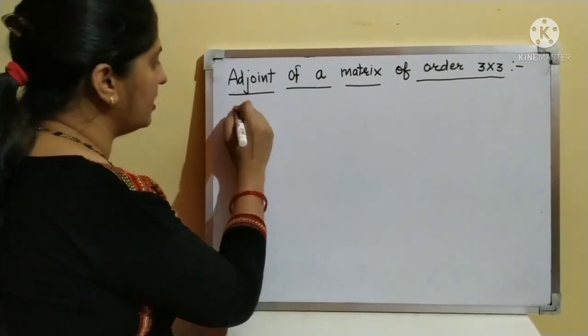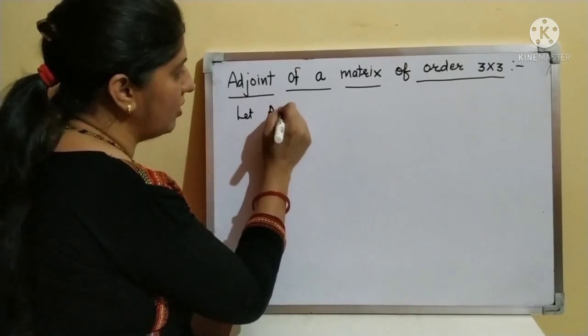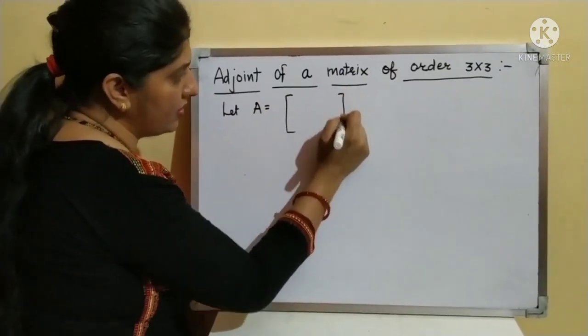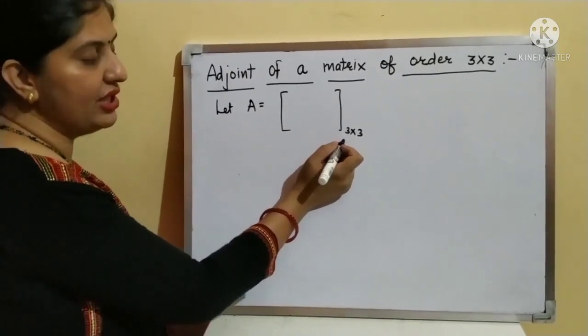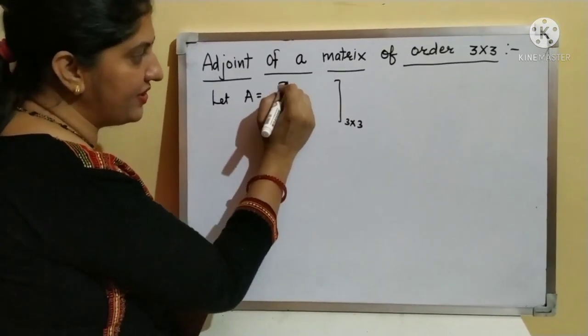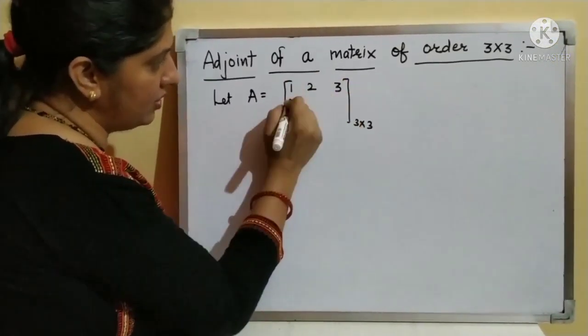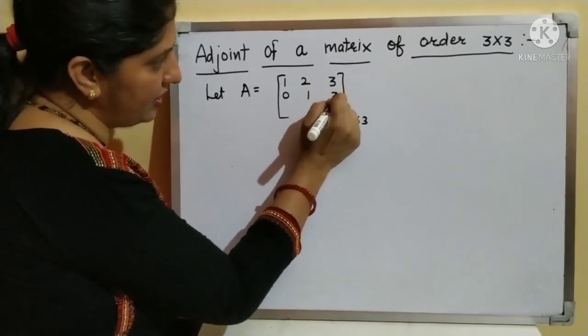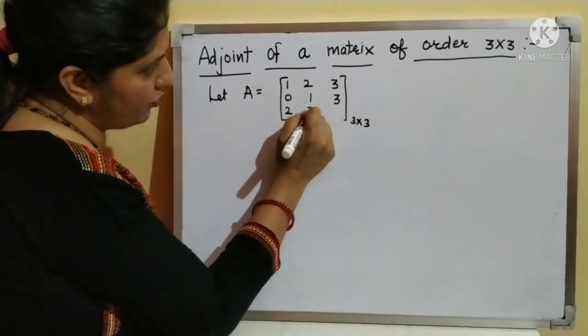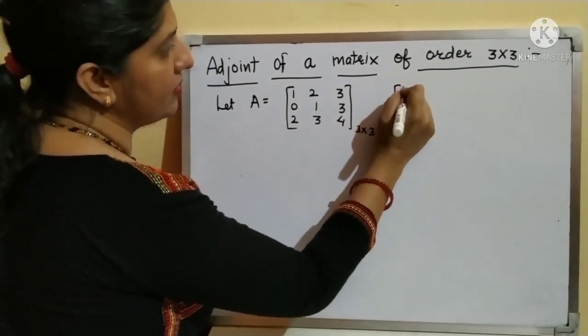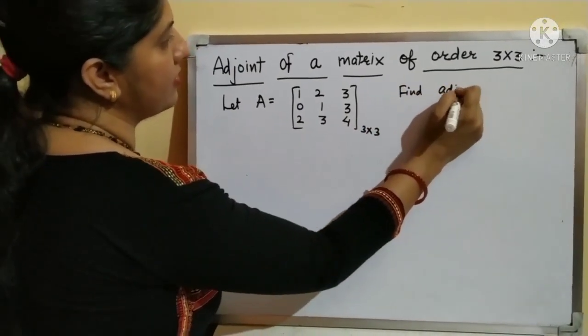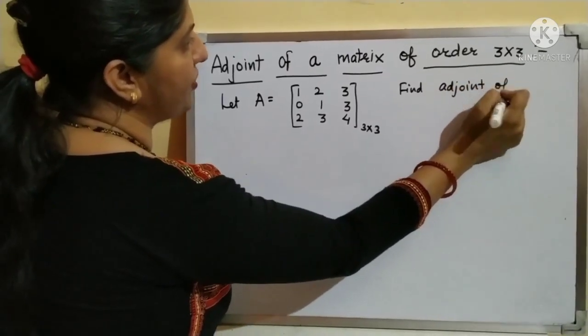So let us consider a matrix A of order 3 by 3, having 3 rows and 3 columns, with entries 1, 2, 3, 0, 1, 3, 2, 3, 4. We have to find the adjoint of matrix A.